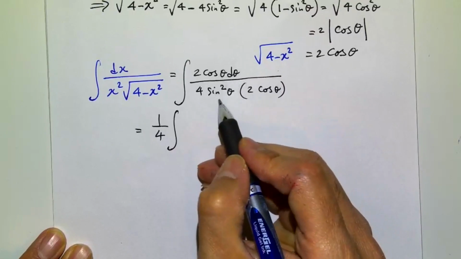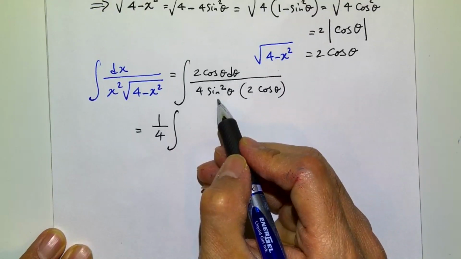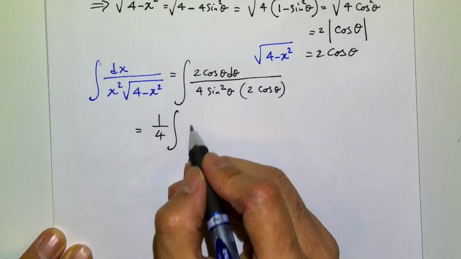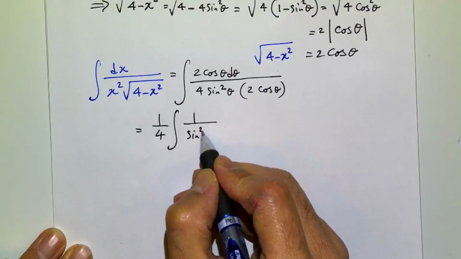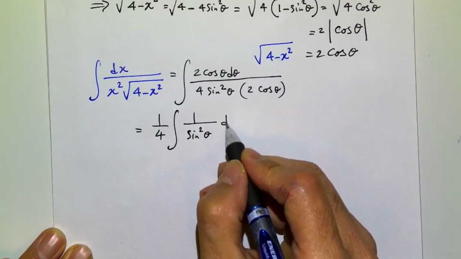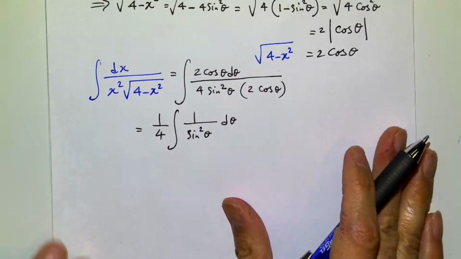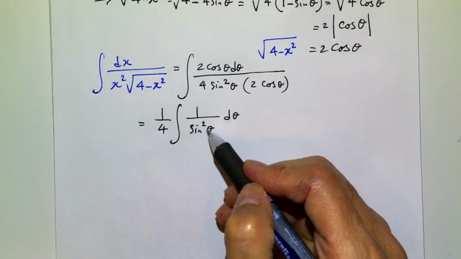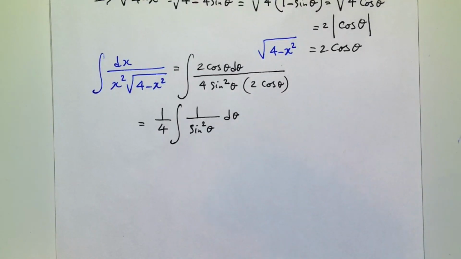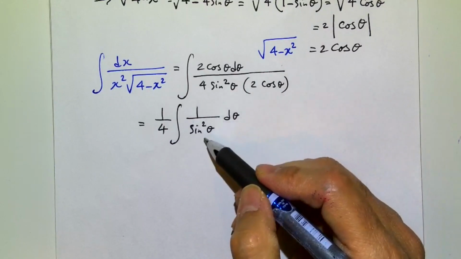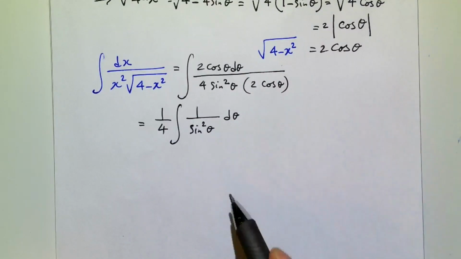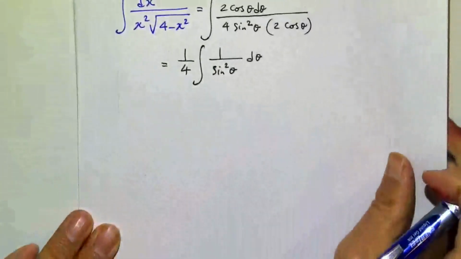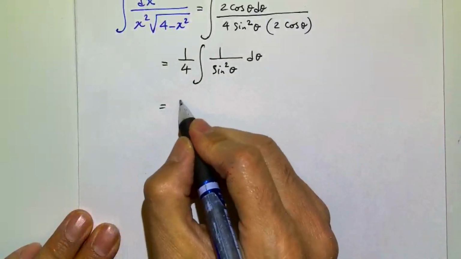We get 1 over sine squared theta d theta, after simplifying terms. And then 1 over sine squared theta is cosecant squared theta, right? Cosecant and sine are reciprocals of each other. We learned that back in trigonometry class.